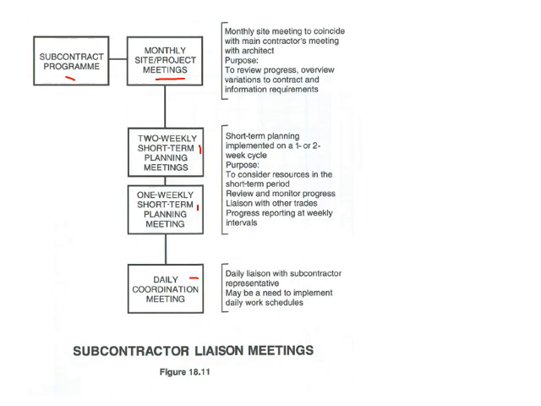Then your 2 weekly meetings are more on technical items, short-term planning, implementation on 1 or 2 week cycles. The purpose is to resource the short-term period, review and monitor progress, liaise with other trades, and progress reporting at weekly intervals, etc.